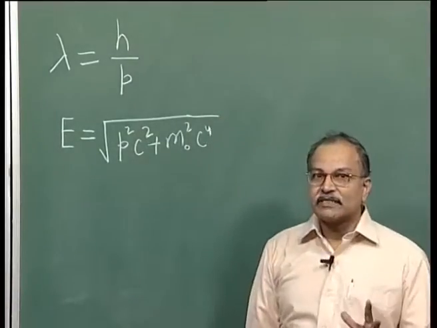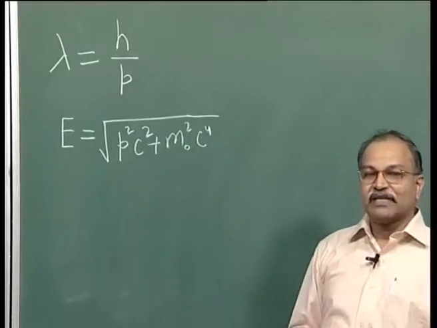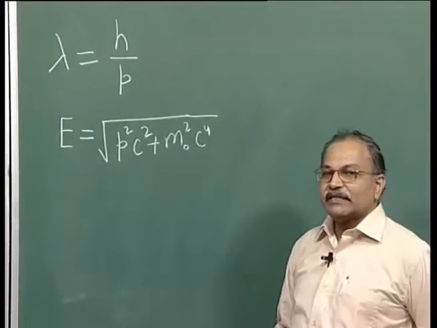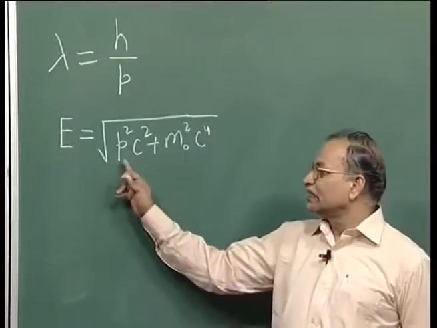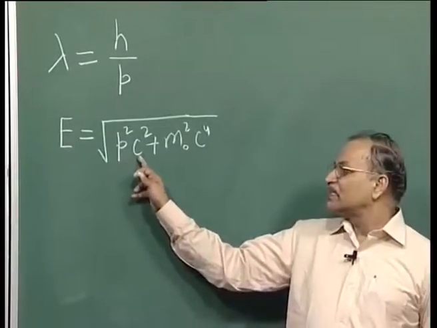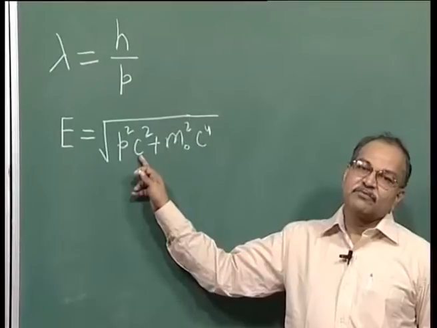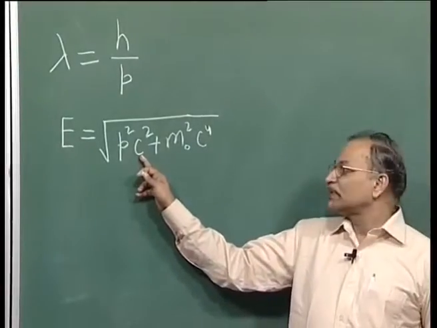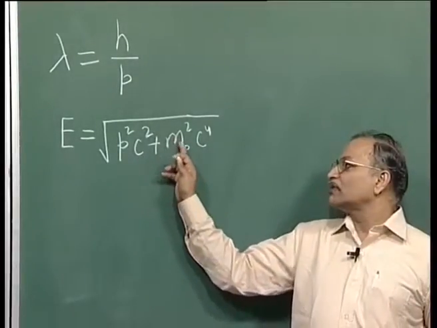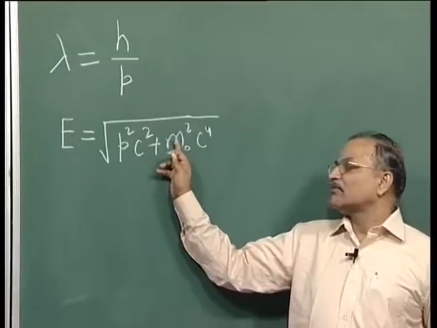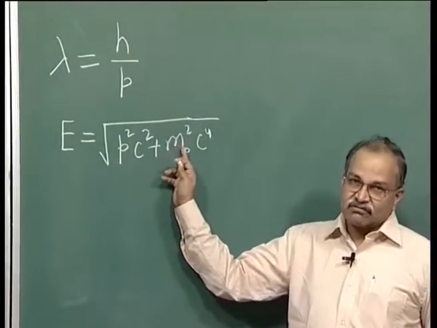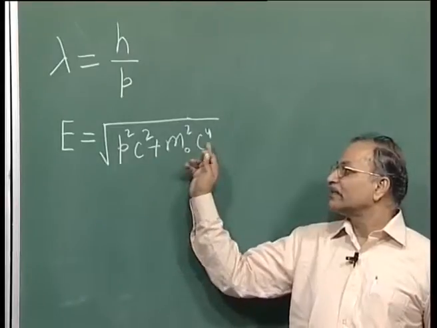So, this is the total energy of the electron, taking care of everything, rest mass energy and kinetic energy and everything. This is the linear momentum, and c is the speed of light in vacuum, 3 into 10 to the power 8 meters per second.